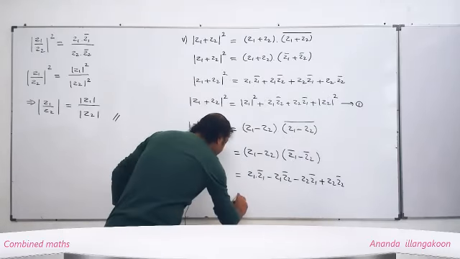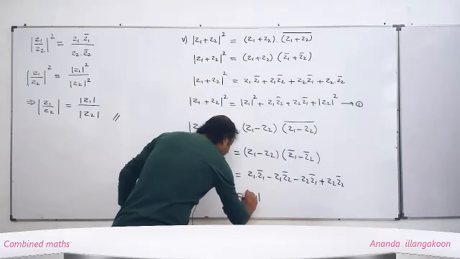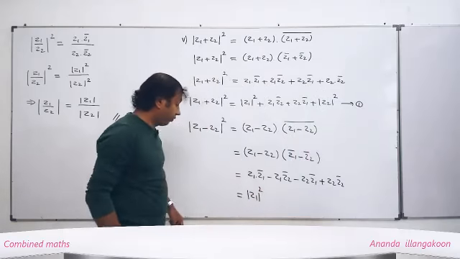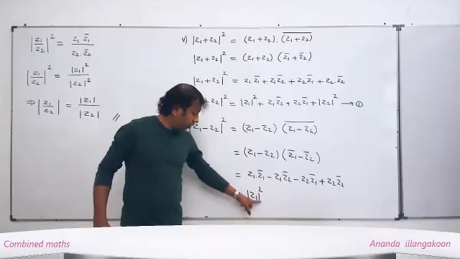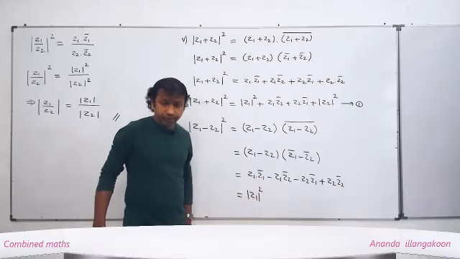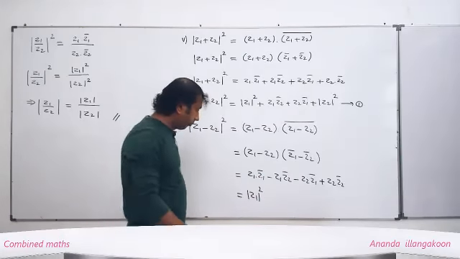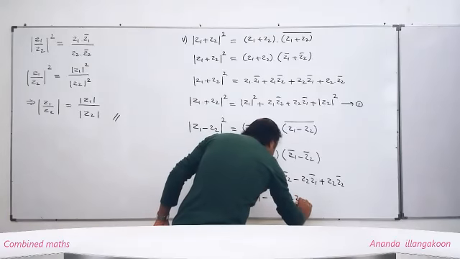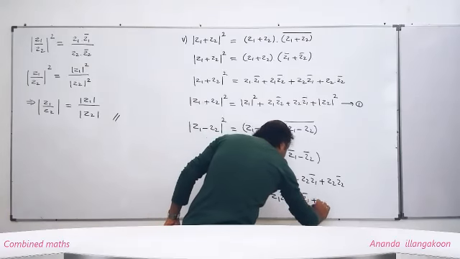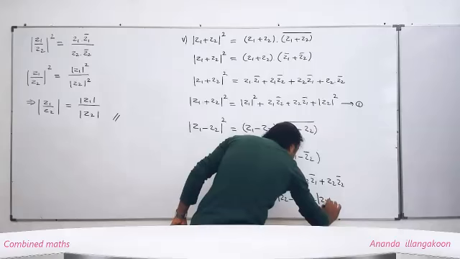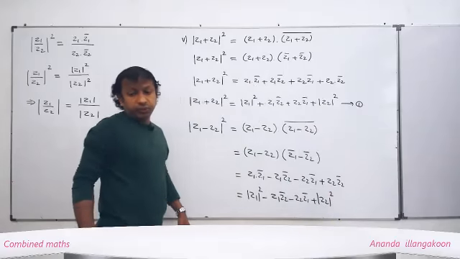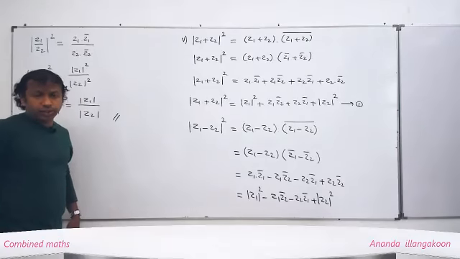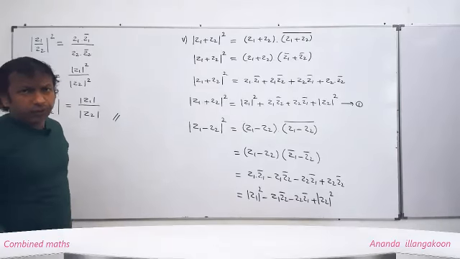This is nothing but modulus Z1 squared, and we'll keep like this. This is modulus Z2 squared. You know the reason. When you multiply a complex number by its conjugate, what do you get?